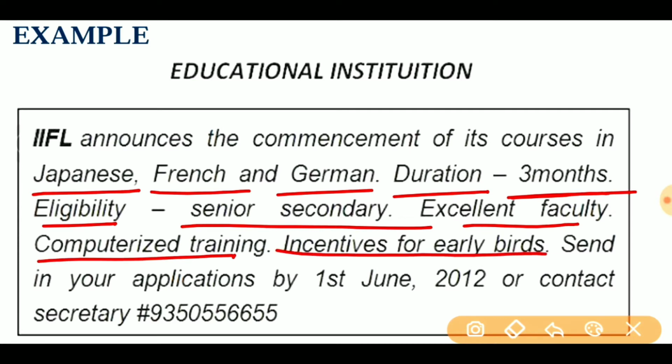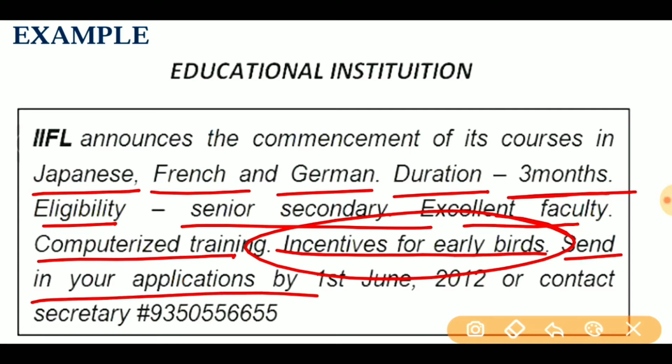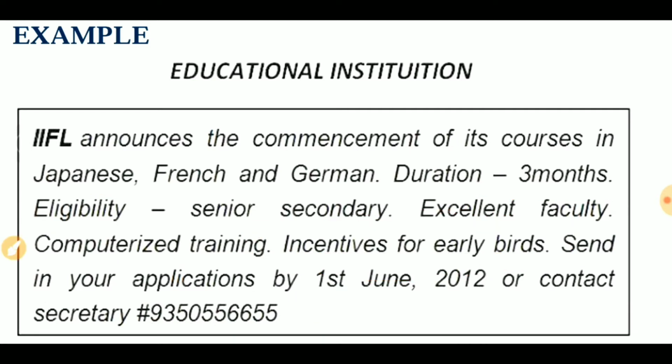Early birds means those who join this institute early will be given some incentives. Send in your application by 1st of June 2012 or contact the secretary on this number. So this is a sample for an educational institution advertisement.